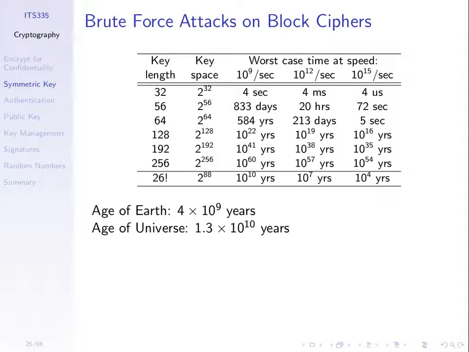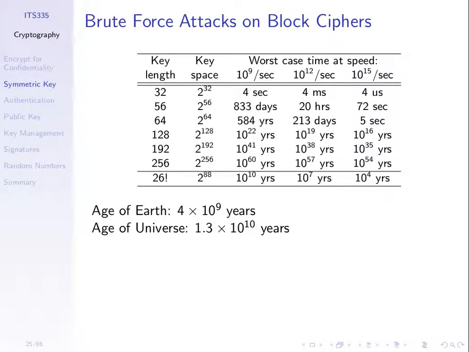Before that, what if we use a 128-bit key, as in AES? 2 to the power of 128 possible keys. If we had access to computers that could do 10 to the power of 15 operations per second, maybe 1 million laptops like mine, or 10 million laptops all doing it at the same time, then I could break that in about 10 to the power of 16 years.